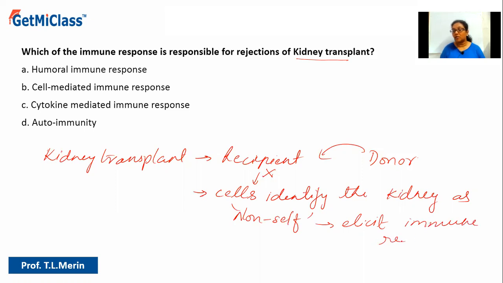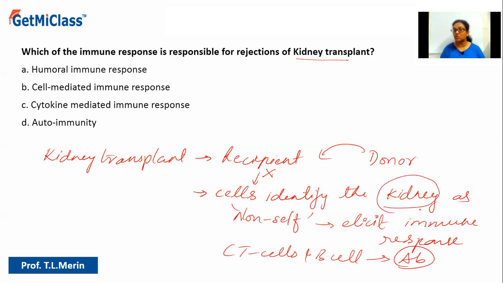By recruiting or by allowing the multiplication of B cells and T cells. Further there will be amplification of T cells and B cells, where the B cells will produce antibodies against that particular target, that is the kidney, which is considered as non-self.